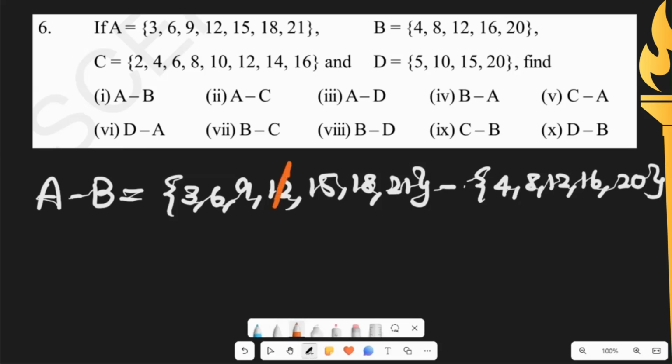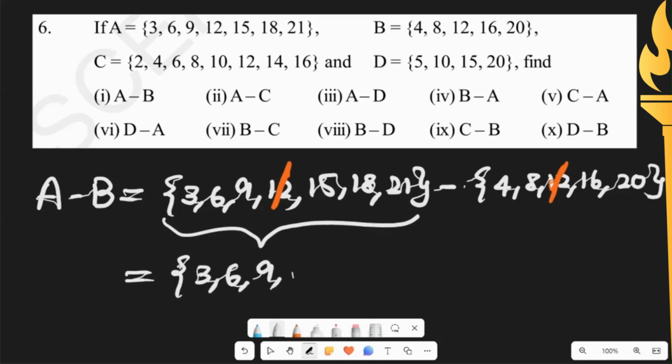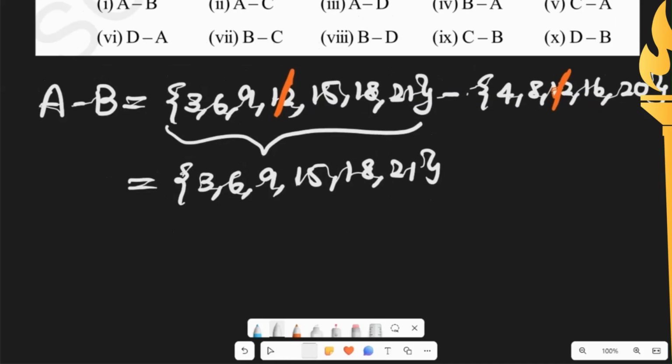We have 12 common here, and I believe that's it. Yes, only 12 is common, and we should write the elements only in the first set here. So we would get 3, 6, 9, 15, 18, and 21. Next we have A minus C.